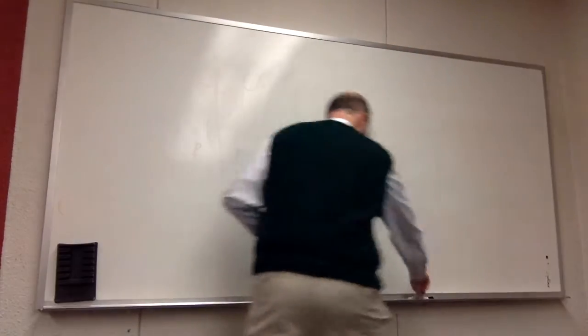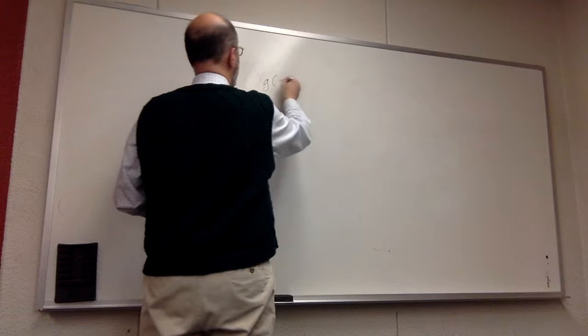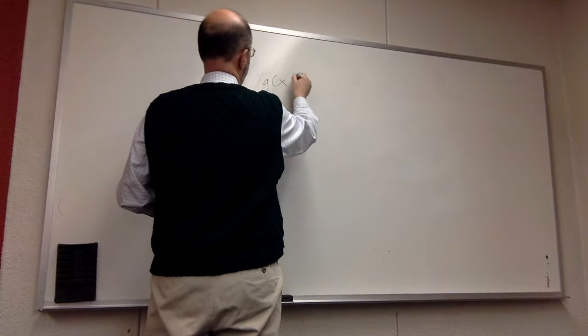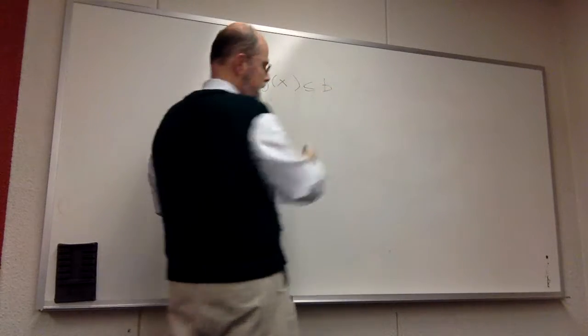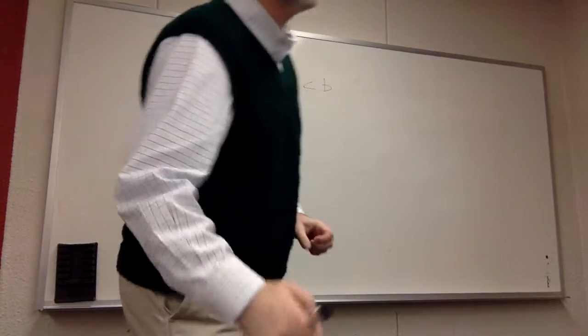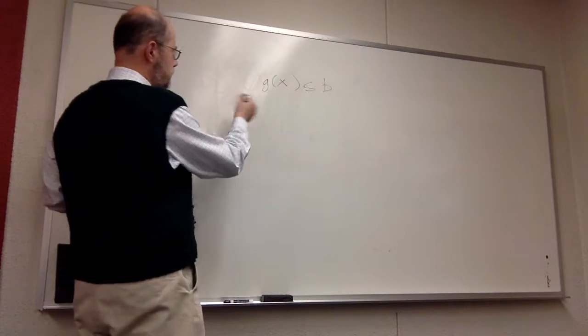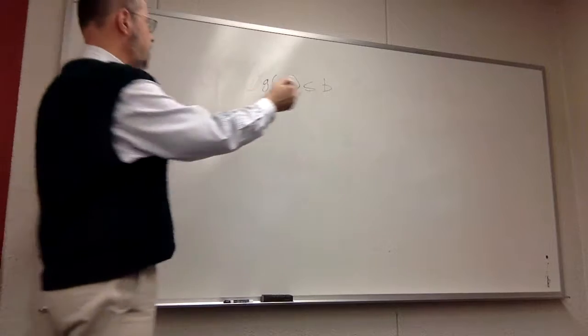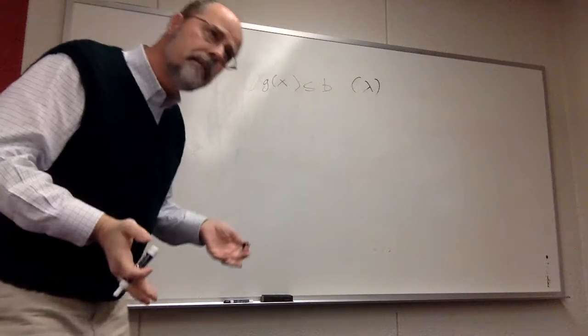So let me write the constraint. Suppose you have a constraint that is g of x, where x is a vector, less than or equal to some b. And you will have an associated Lagrange multiplier.